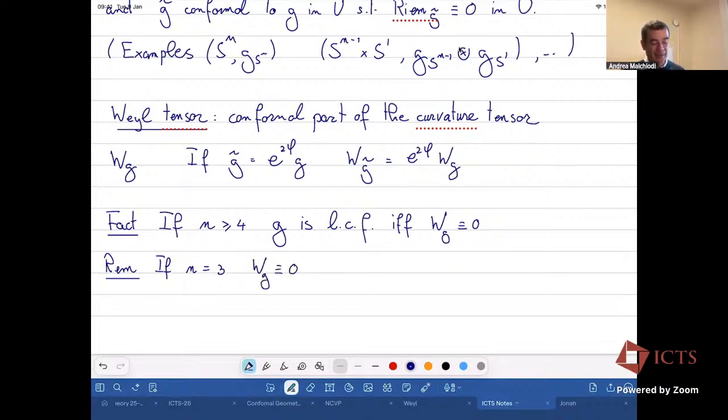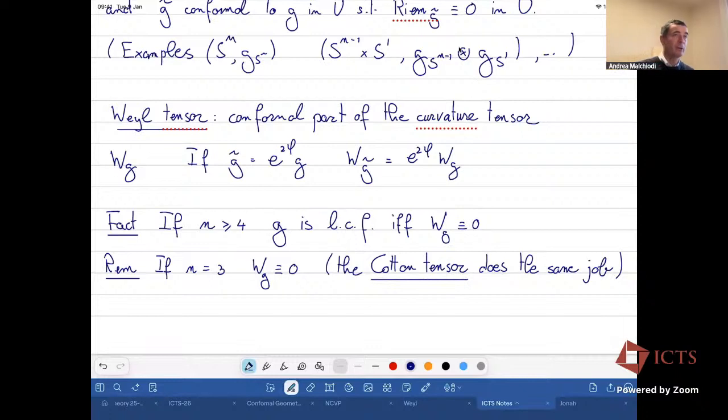There is another tensor, the so-called Cotton tensor, which does the same job. Okay, but I will only need the Weyl tensor in what follows. So I just give it for your, say, general culture.